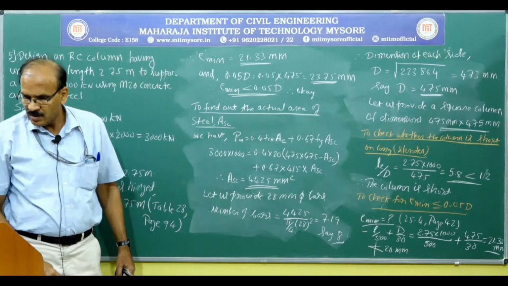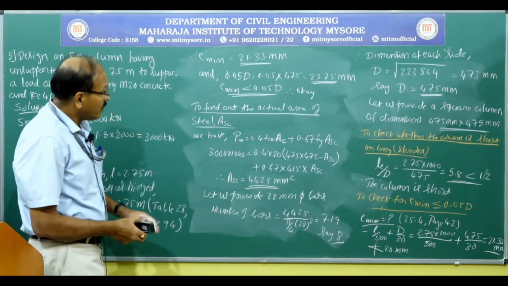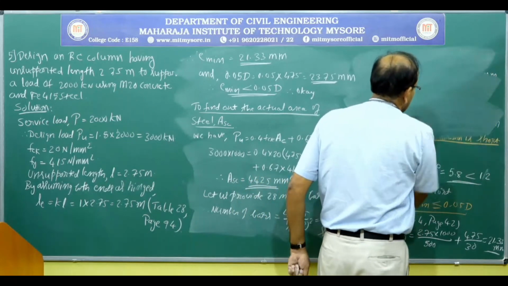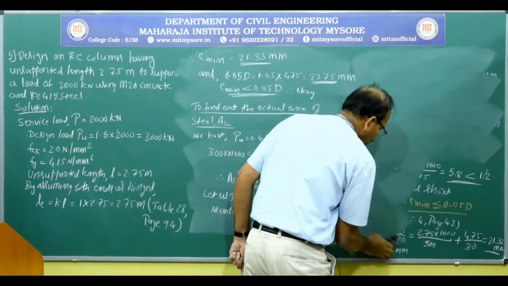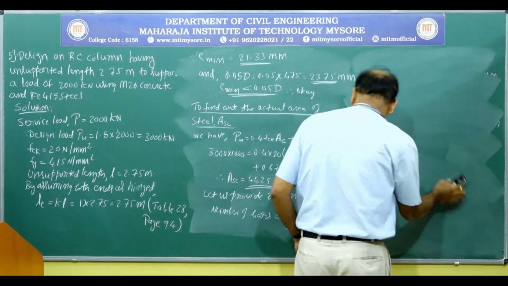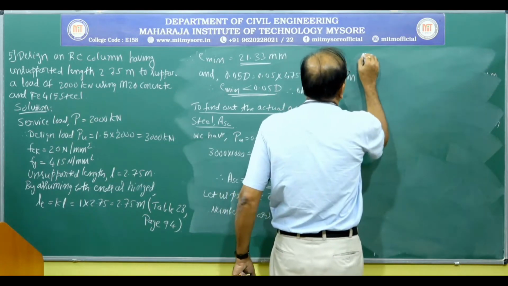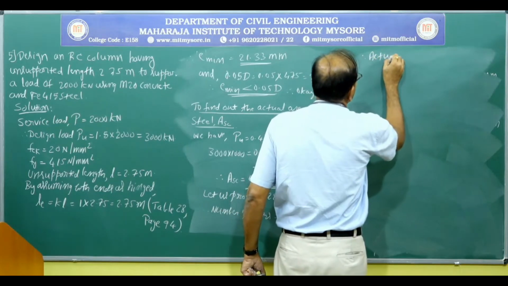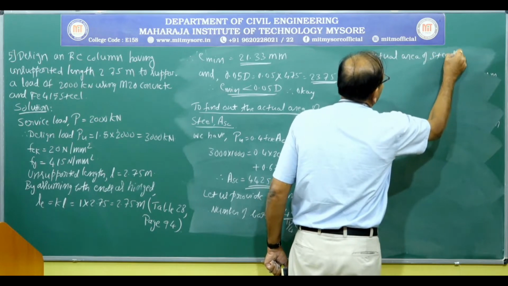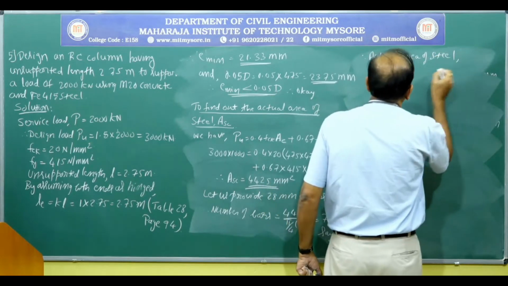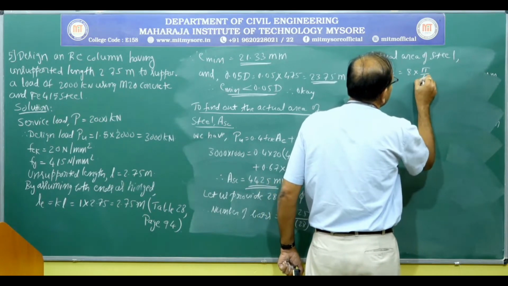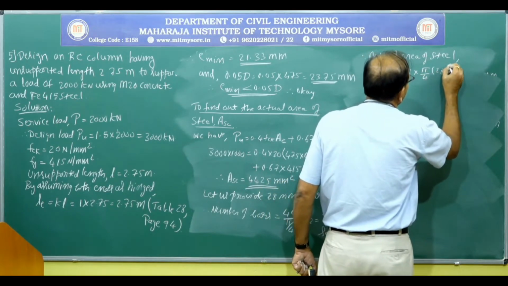Once we provided 8 bars, therefore actual area of steel, Asc equal to 8 bars multiplied by pi by 4, 28 square.